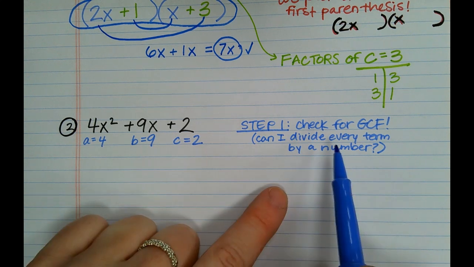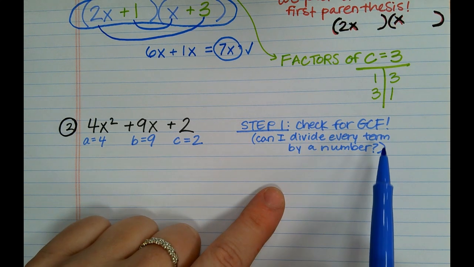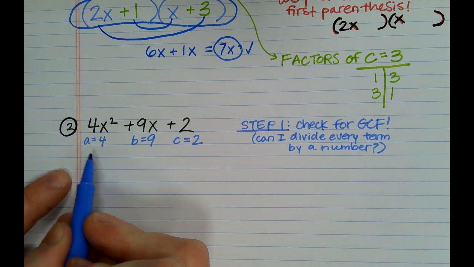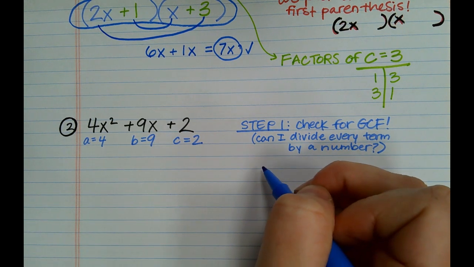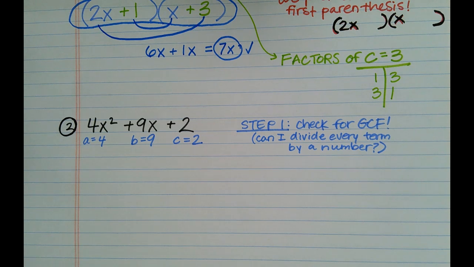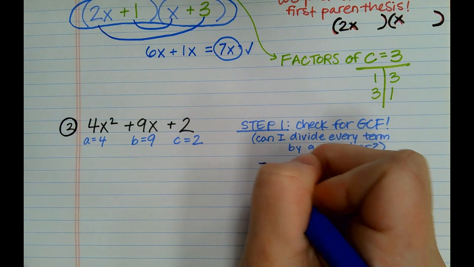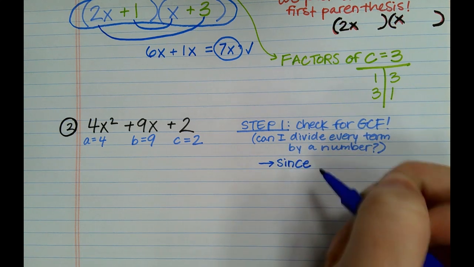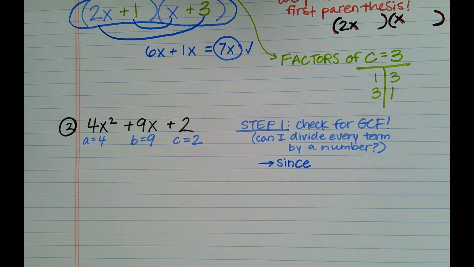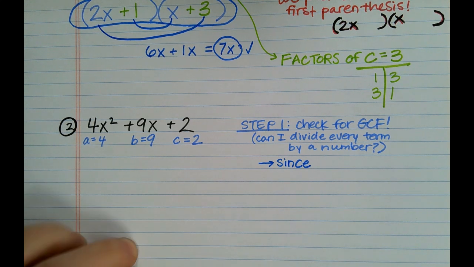Yes, so since there's no GCF, we need to put A in the first parentheses. So I will put that as a note as well. So these are great guides to give yourself, just like you said, for whenever we do take like quizzes and stuff. You guys can use your notes to solve problems.